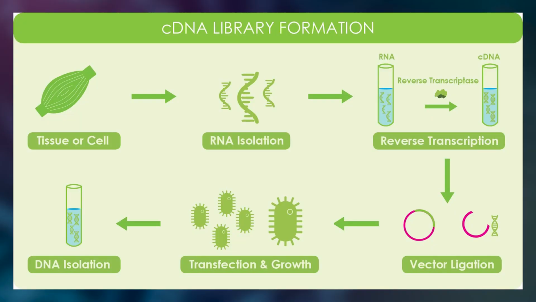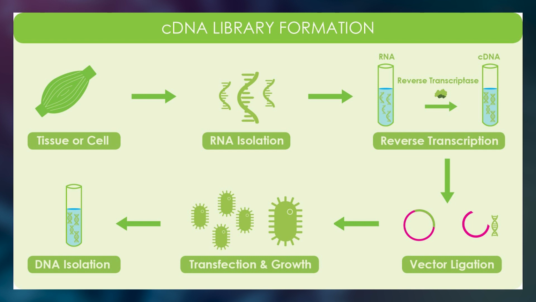Some DNA libraries may use other host organisms like yeast or mammalian cells, depending on what application it is being used for. Next is cloning and selection. Now, the transformed host cells are plated onto agar plates containing a specific antibiotic.